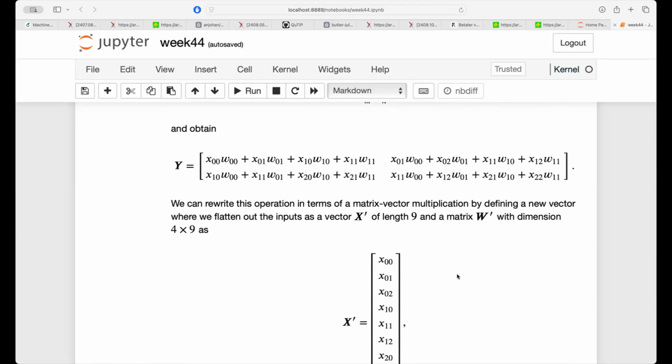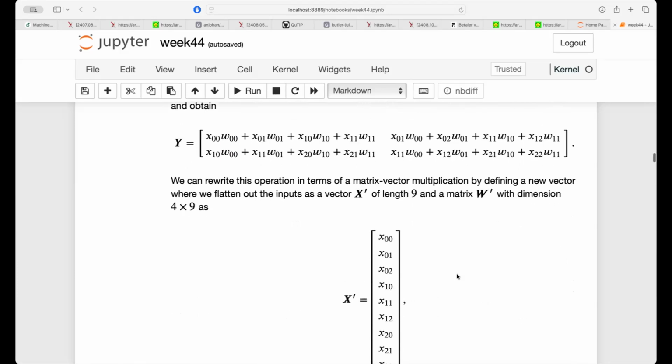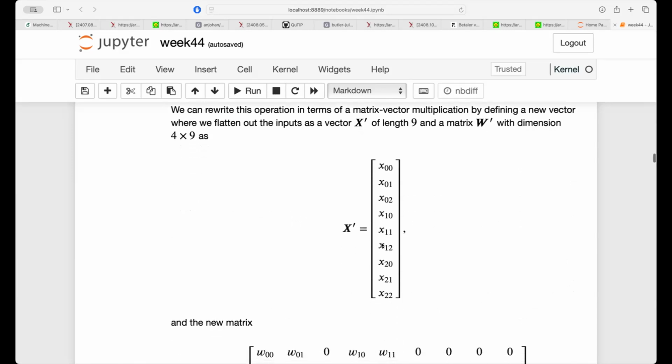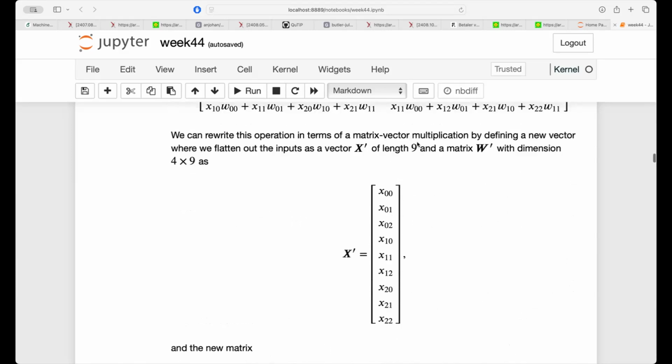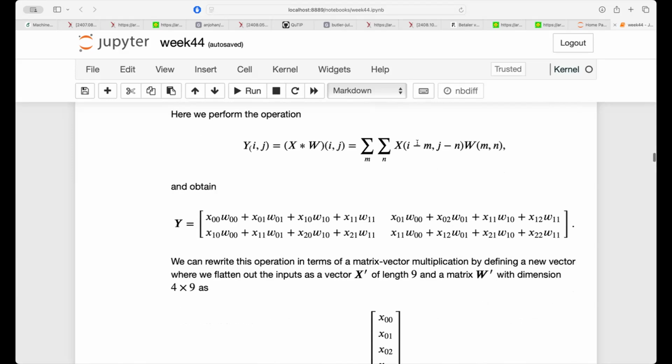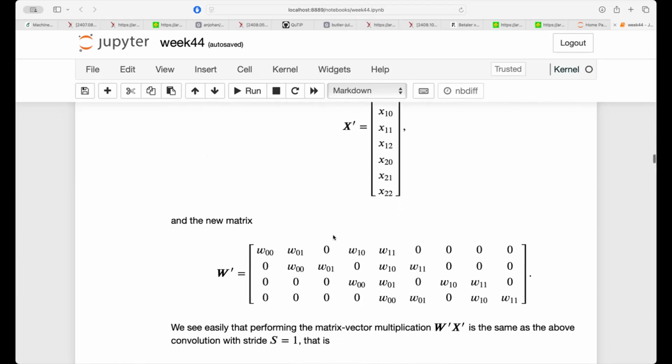One way this is often rewritten is to flatten out a new vector, which we call x prime of length n, which now contains the matrix. Instead of performing the convolution like we did here, we write this by defining a new matrix as a matrix vector multiplication.